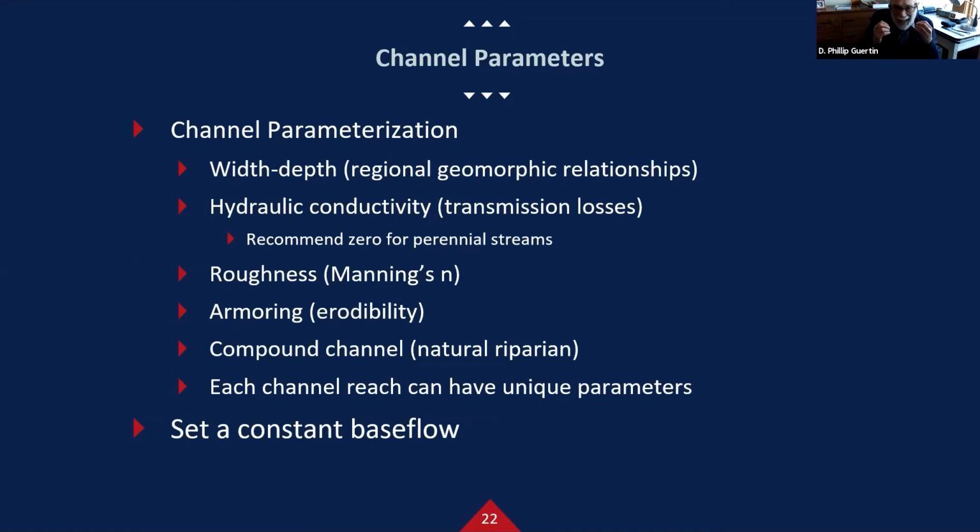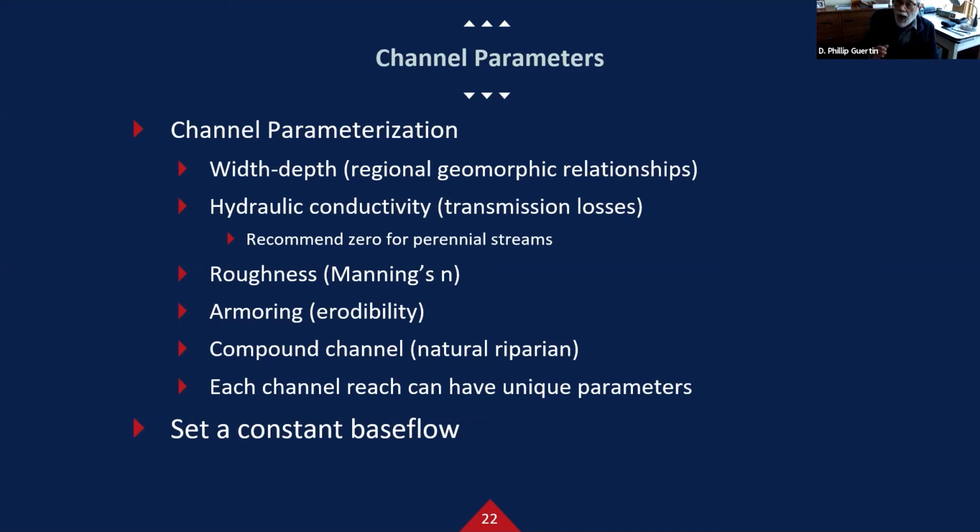And again, each channel reach can have a unique set of parameters. It takes a lot of work to do this, but it is allowable. So you can actually come up with individual parameters for every channel reach. And if you're dealing with a perennial channel that you think you have groundwater input to that channel reach, you can set a base flow value for it.